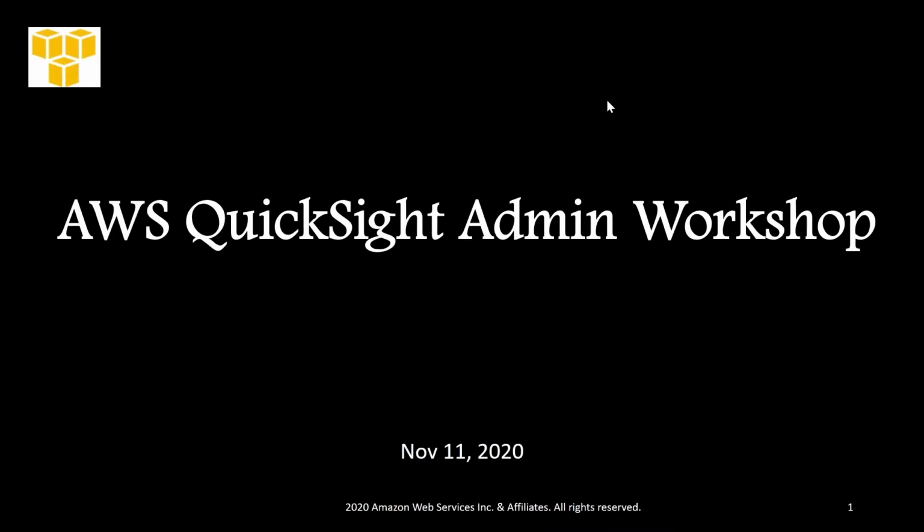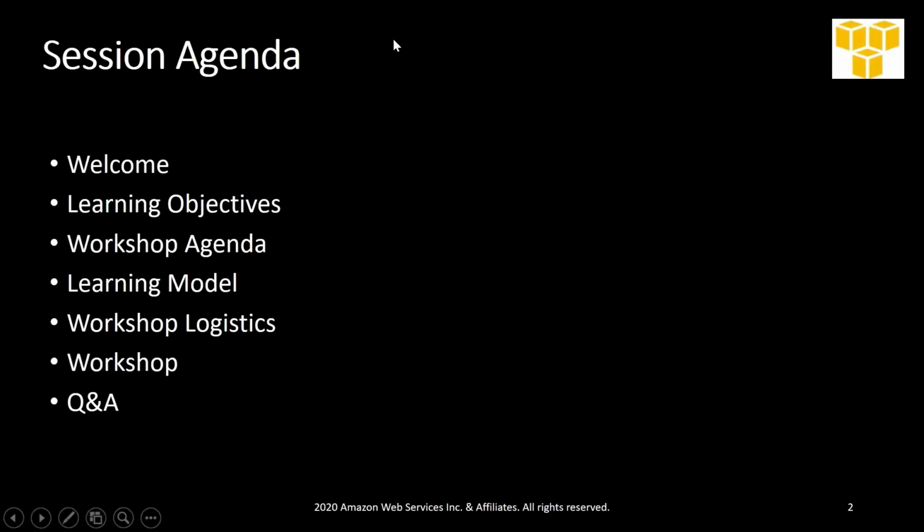Thank you, Chris. Welcome everybody for this fall enablement series. The workshop today, as Chris pointed out, is an admin workshop, which means a little bit more advanced than the regular business workshops that you might have attended in the past. We'll start with some pointers on the series of workshops that we have completed already, and the learning objectives of this session, and go in depth about the workshop agenda so you can be prepared to figure out where you want to pay more focus and attention.